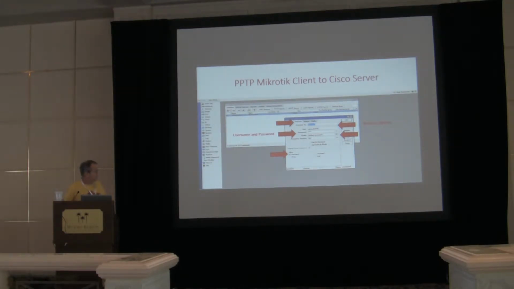Connect to, that's your remote Cisco device across the internet, across whatever you're doing. Username and password is the PPTP username and password that we're going to establish. Profile will be default encryption. Down here we can allow whatever we want. We'll just use MS-CHAP2 to start with here.